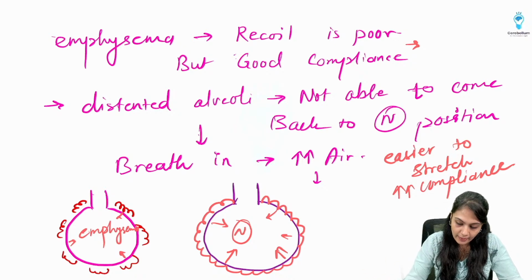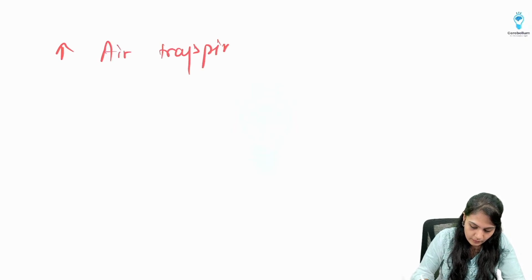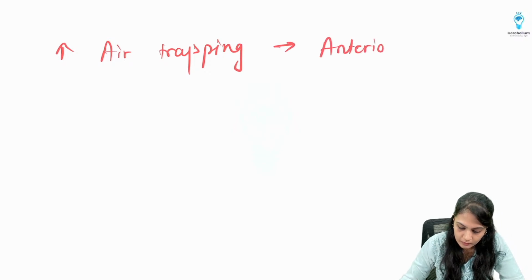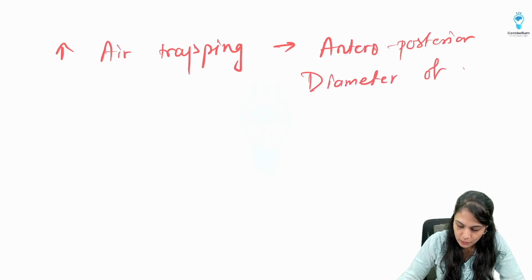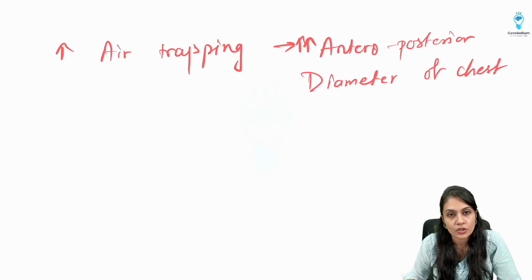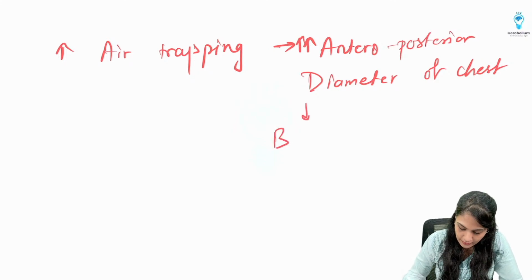Definitely there will be air trapping, and because of that, what is going to happen? The antero-posterior diameter of the chest is going to increase. I'll just write increase in the antero-posterior diameter of the chest, and this is known as barrel chest.